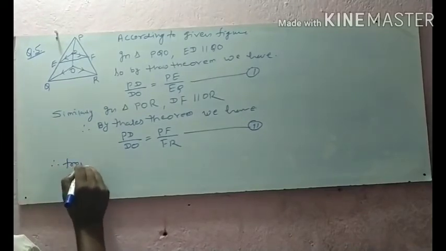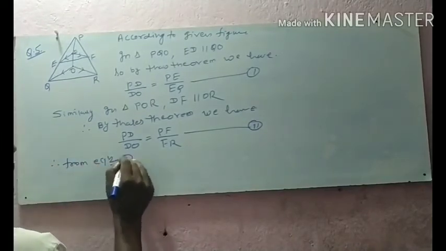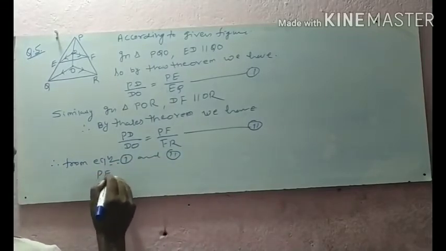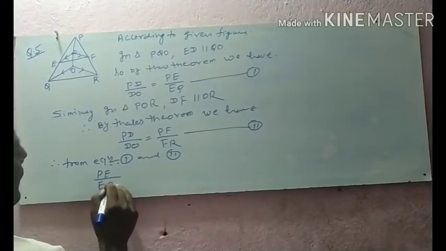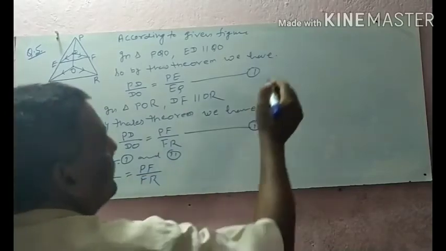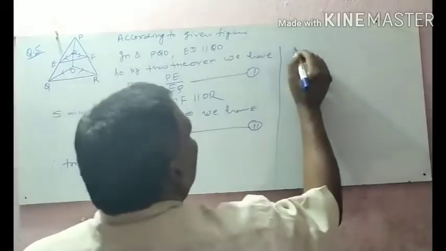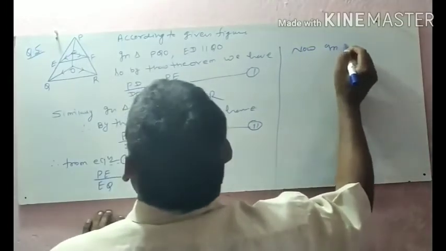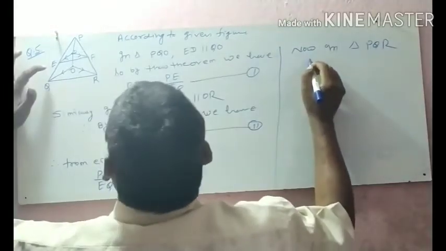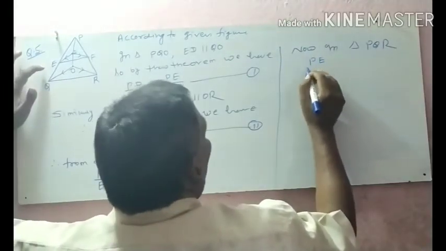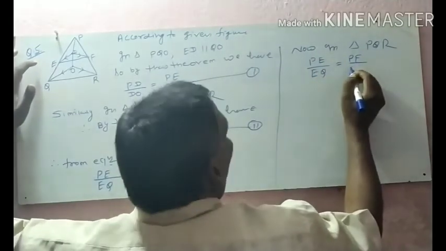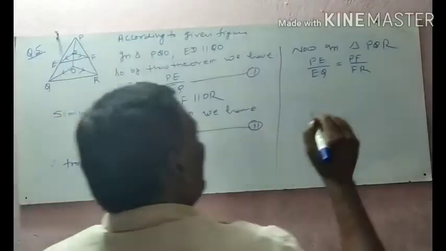Therefore, PE by EQ is equal to PF by FR. Now, in triangle PQR, PE by EQ is equal to PF by FR, as we have proved.